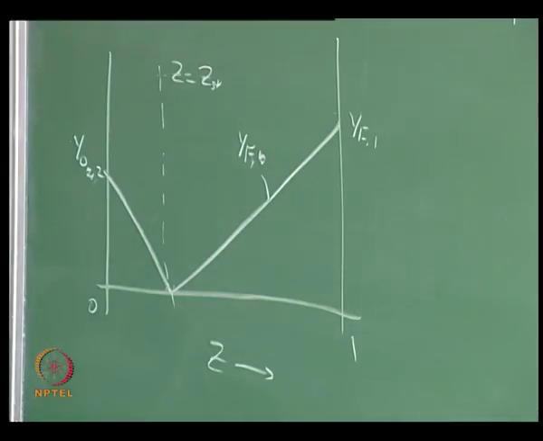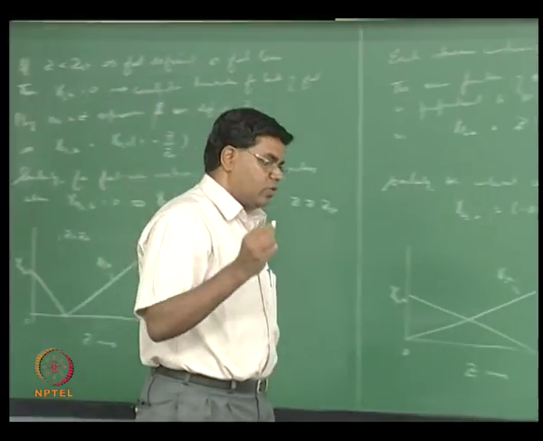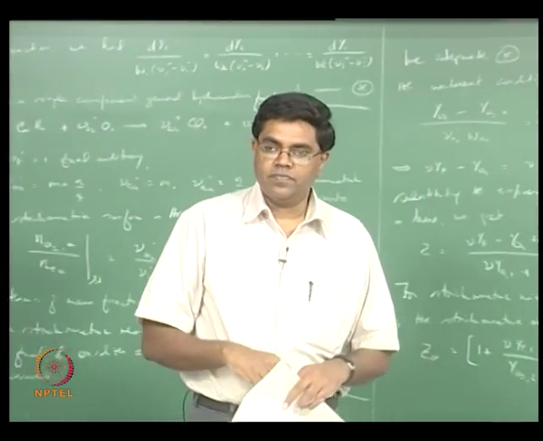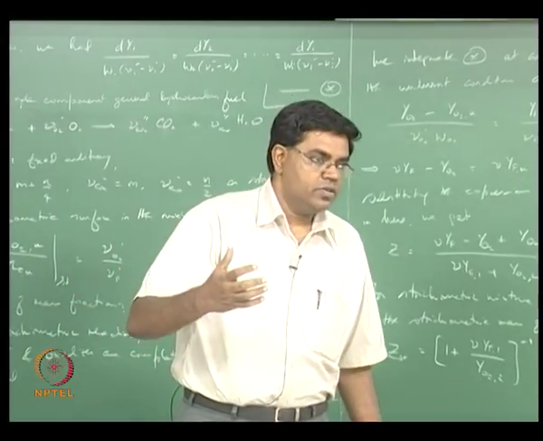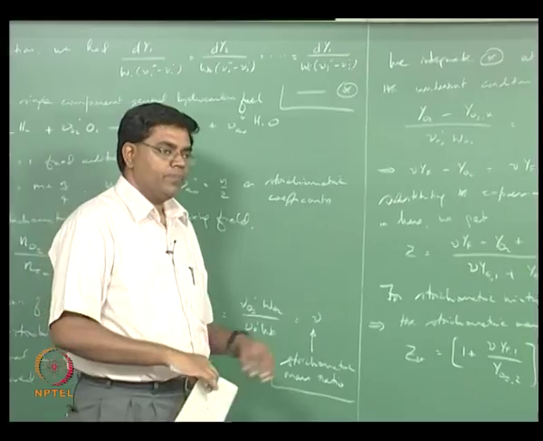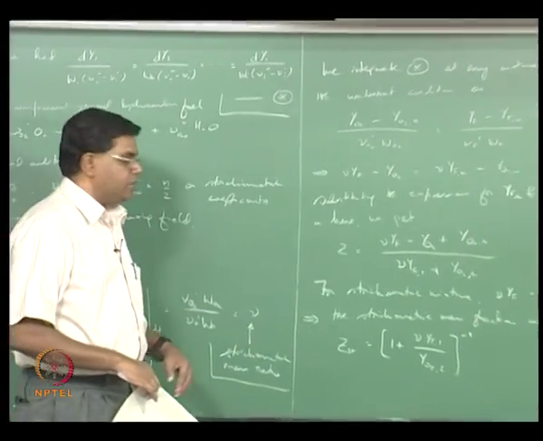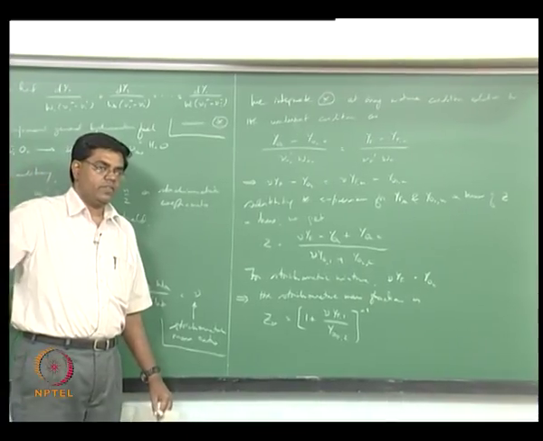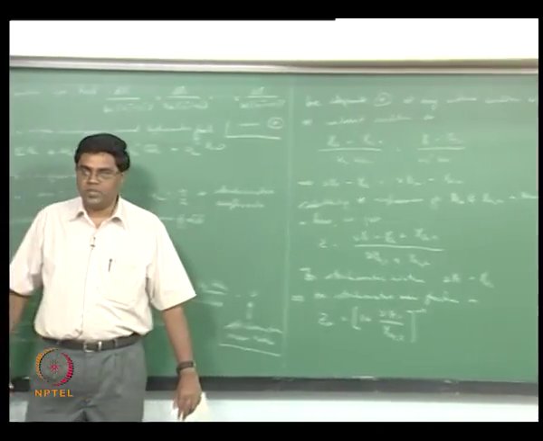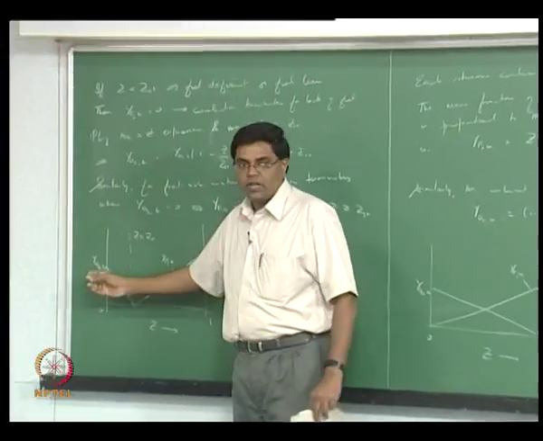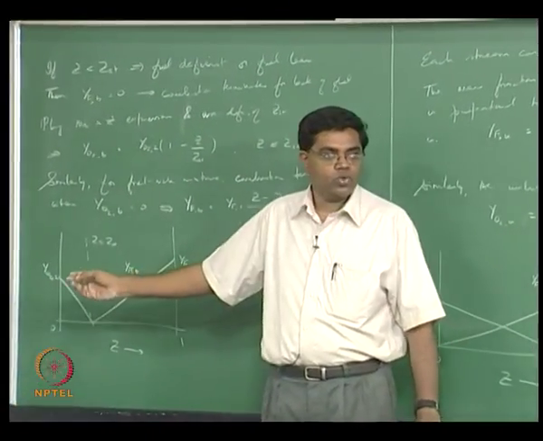So essentially, if it's possible for us to now go back and redo the Burke-Schumann problem in terms of Z instead of beta, which is not very different if you think about it, all right, and that's also possible, then you can actually look at contours of Z, several contours of Z, and depending upon the values of Z, you now try to actually look at what the values of YFB and YO2B should be.